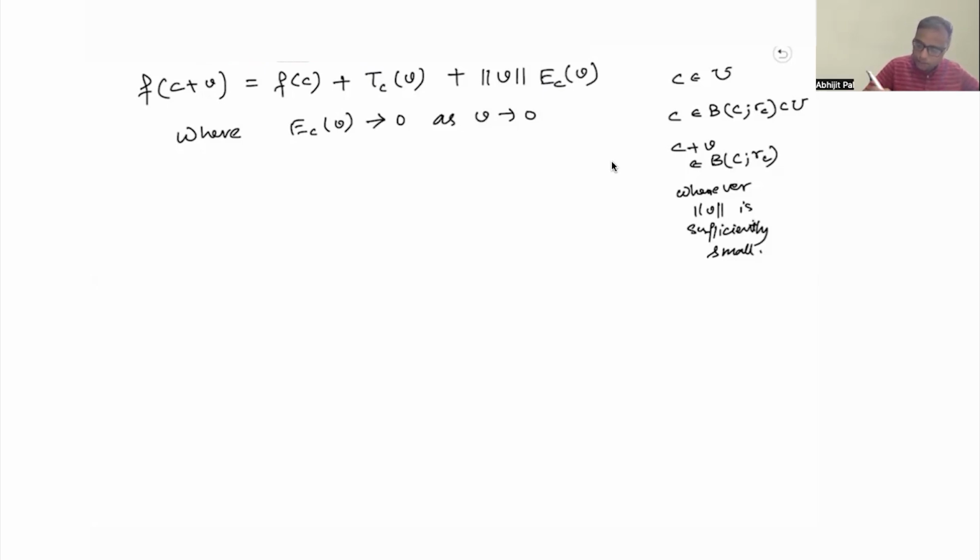So again note that c belongs to your U, which is a subset of Rn, and b also belongs to U, it is in Rn. And f of c plus b belongs to Rm.